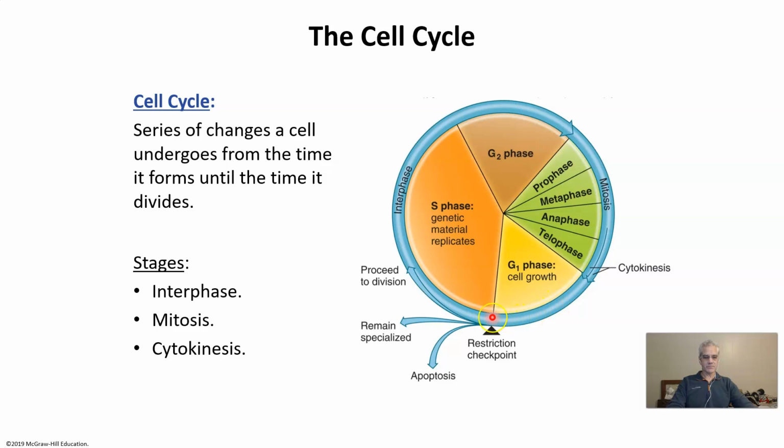Right, now, there's a certain point at which the cell has to make a decision. I mean, it's not like it has a brain and it's sitting there going, what do I want to do? But if it's a skin cell, it is almost certainly going to go right into the next phase. And that means that it is bound for replication.